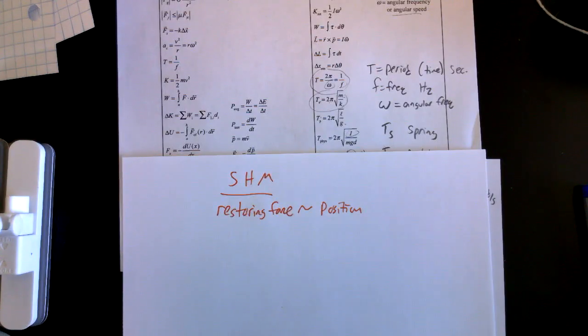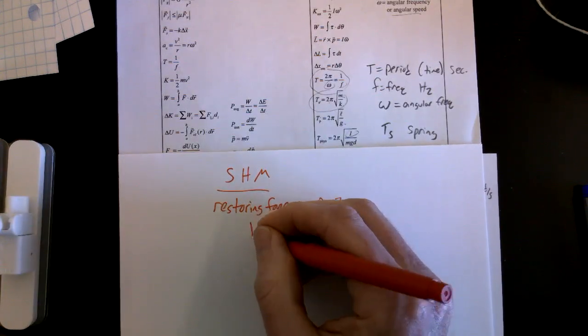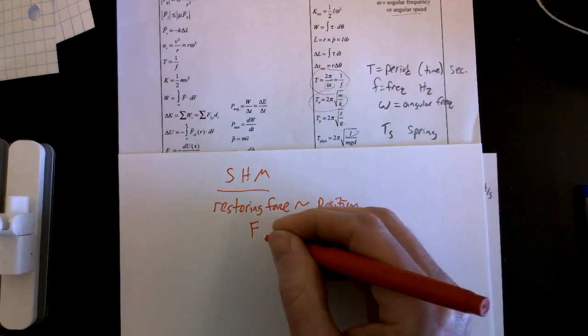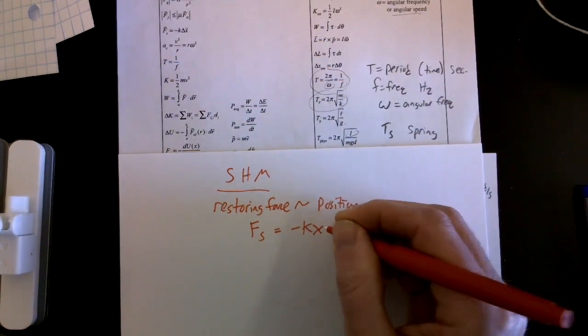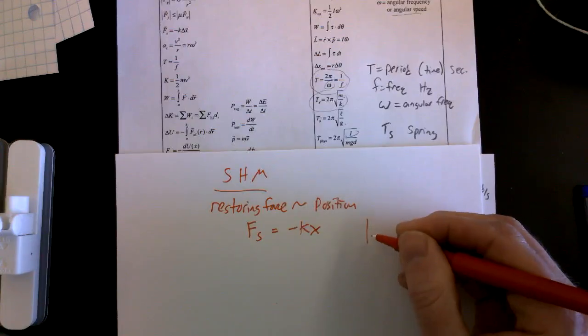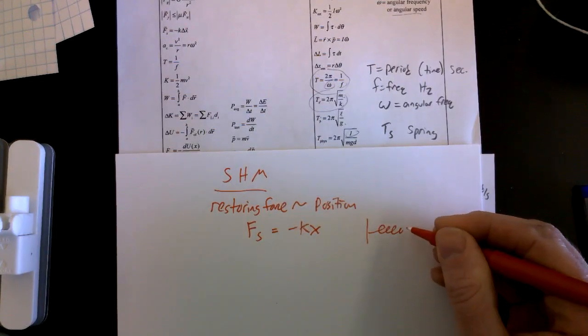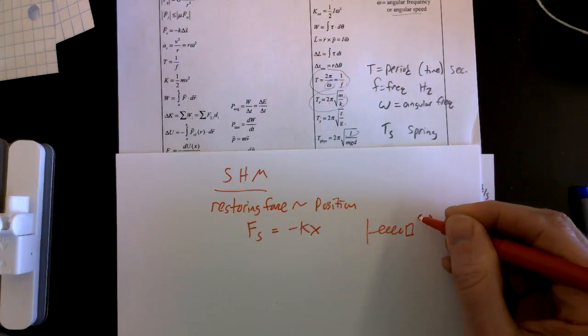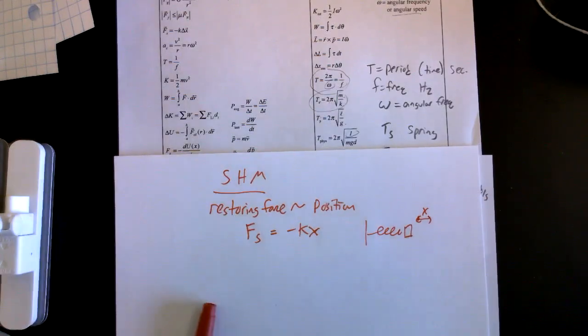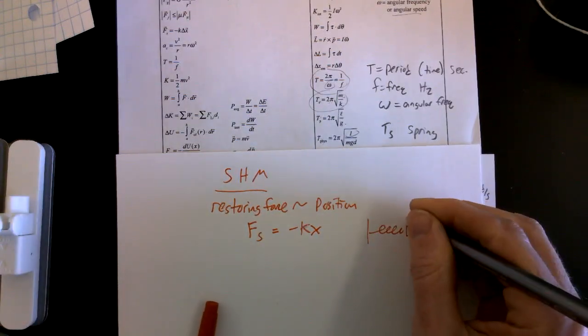What that's going to look like is, for example, for our springs, the force of the spring is minus kx. Remember, that's our spring force right there. So you have a spring attached to the wall. There's your mass right there. If you pull on the spring this way, a distance of x, then there'll be a restoring force backwards this way.